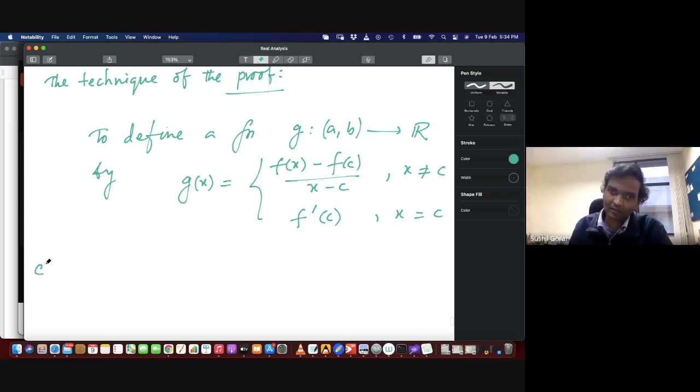And check this g is a continuous function on (a, b).